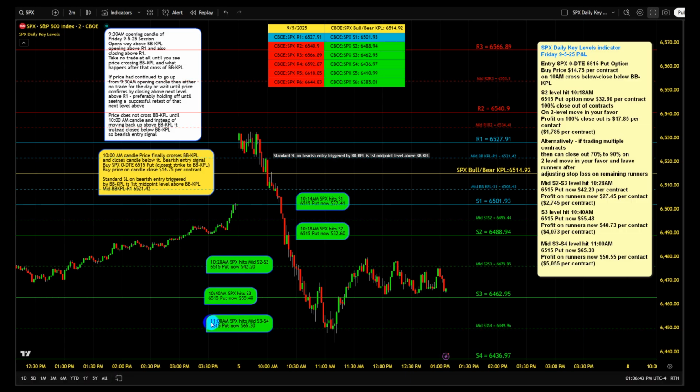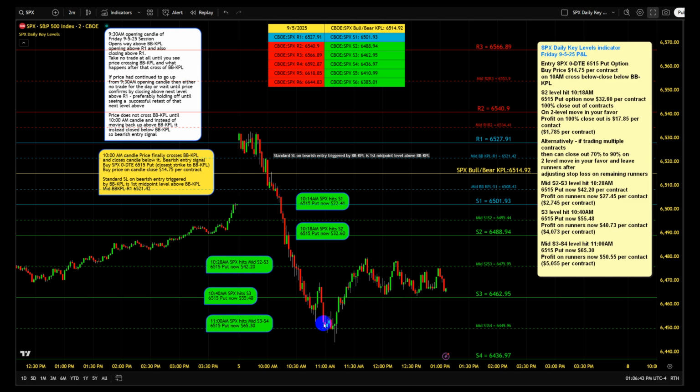At 11 a.m. SPX hits the mid S3, S4 level, and the 65.15 put is now 65.30. And as you can see here, we have bottomed out for the time being in this session, and we've started to move back up.